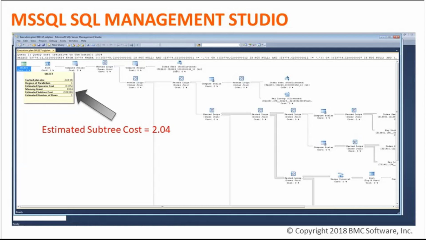And each of those operations has an associated cost, and that cost is shown right below that operation, the little graphic, the GUI for that operation. It might be a nested loop, or a sort or a filter, or whatever the case may be. And all of those costs add up to that total cost you see in that yellow box. In this case, it's 2.04.